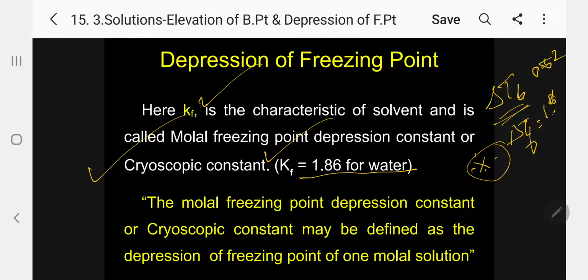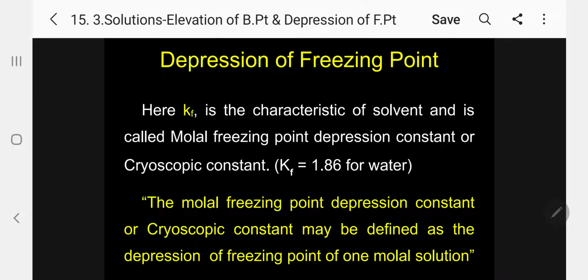Remember like this: elevation value low, depression value high. Just remember, because 0.52 and 1.86 will be in your memory, but sometimes you get confused. So in order to remember this, I am giving this guideline. You remember like this.